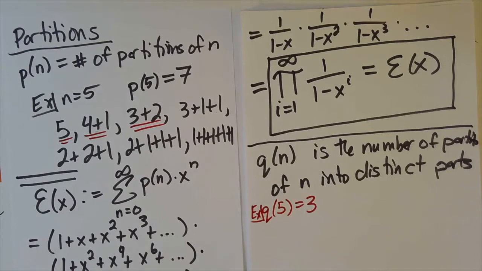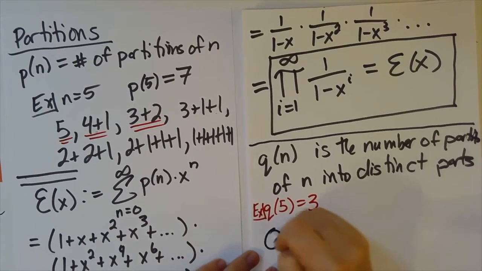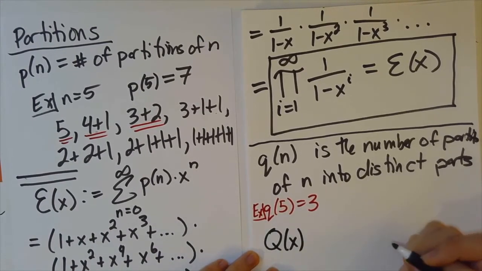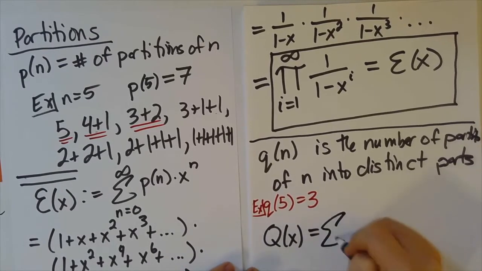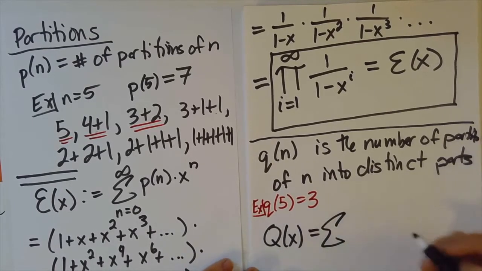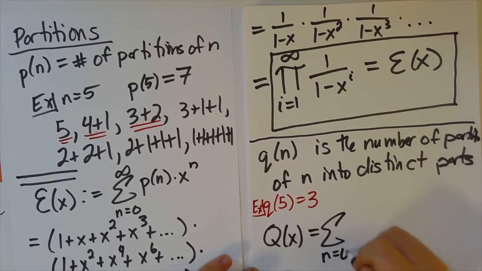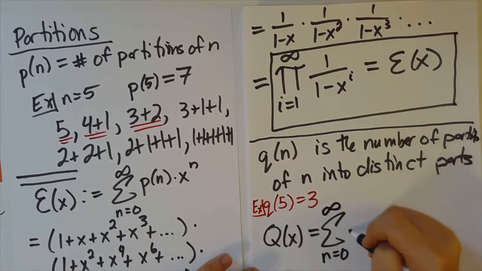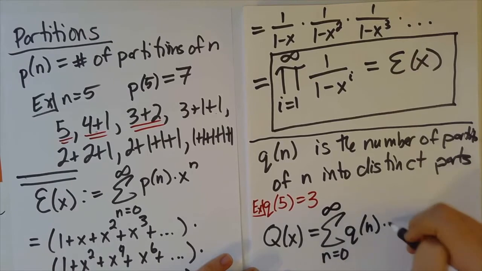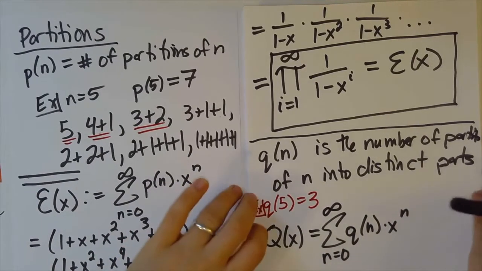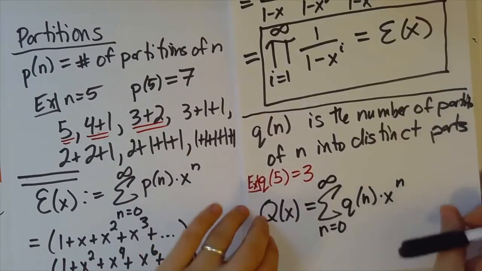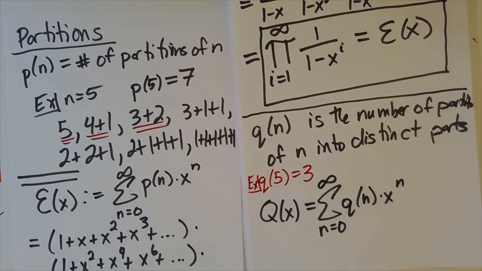Okay, so of course, what's the question going to be? Well, the question's going to be if I take Q of x, and I let this be the sum as n goes from 0 to infinity of Q of n times x to the n, how can I write this down as some sort of product of some sort of polynomials or power series or whatever?